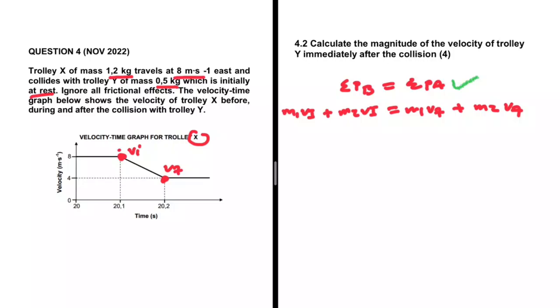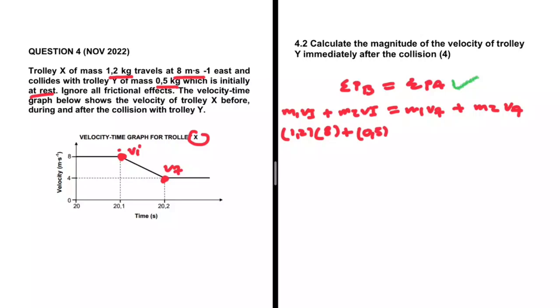Let's start with trolley X. Before the collision, the mass is 1.2. The initial velocity is 8 meters per second to the east. Let's take direction to the east as positive. So we're going to have 1.2 multiplied by 8 plus M2, the mass of trolley Y, which is 0.5.